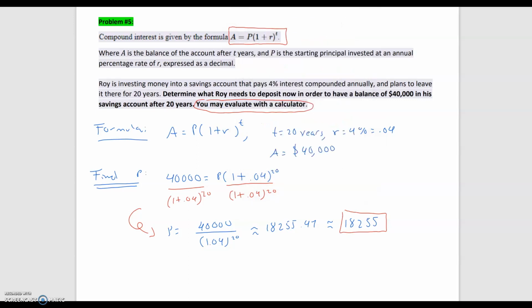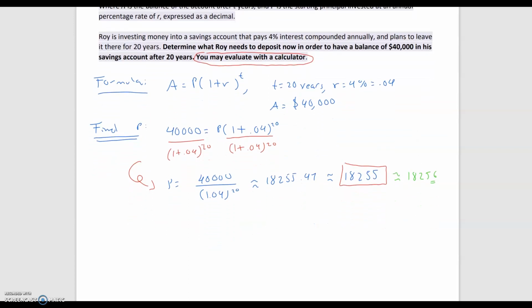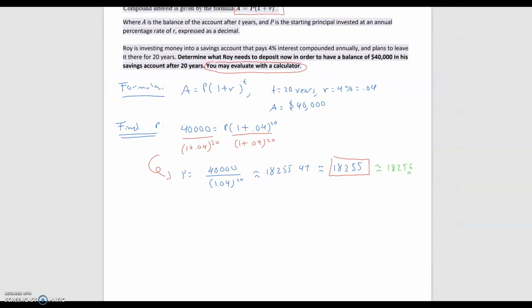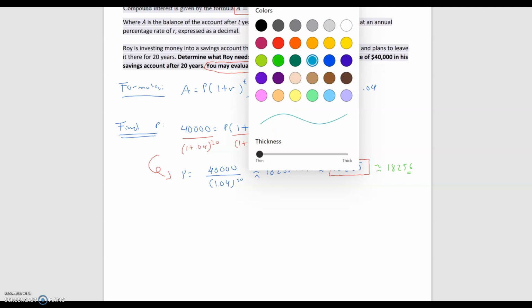But some of the problems, the instructions say to round up. So in that situation, it would be 18,256. You'll see it in the instructions. But in this case, I'm just going to leave it in that format. So for this problem, let me just rewrite it in a sentence.